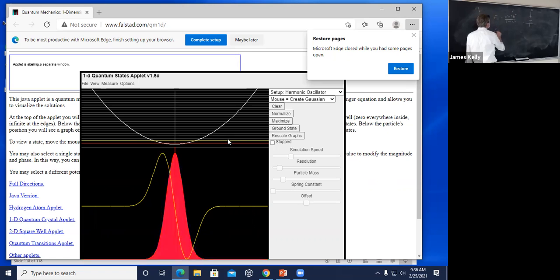So we just showed that the ground state energy is 1/2 h bar omega. And we also showed that the first excited state is h bar omega up in energy from it. And the second excited state is up by h bar omega from it. So we would have 2 of those and so on.